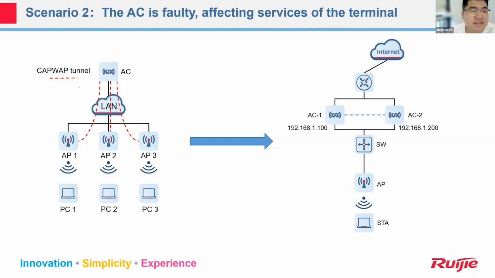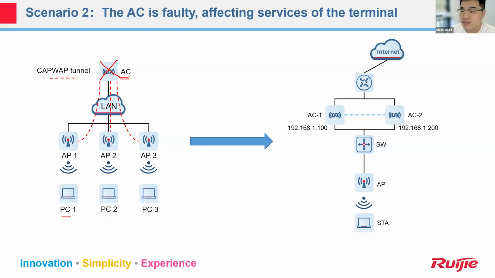Now, in the left figure, you can see we have an AC, and the AC will establish the CAPWAP tunnel with each AP. And there could be a problem: if the AC is faulty, actually all the APs will go offline, and all the STAs, pay attention here, will lose the connection, and they cannot access the network anymore.